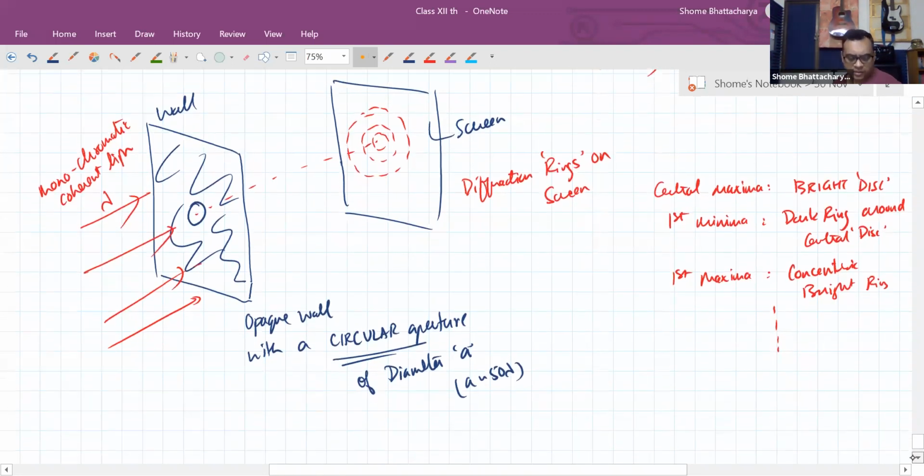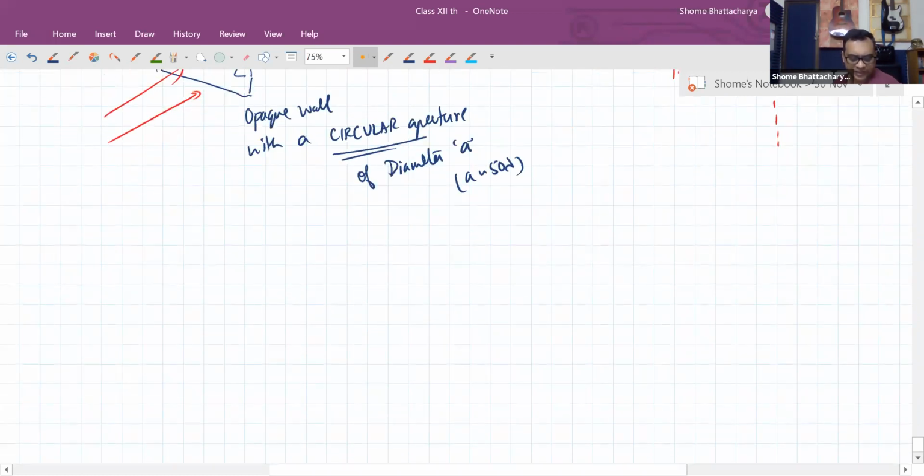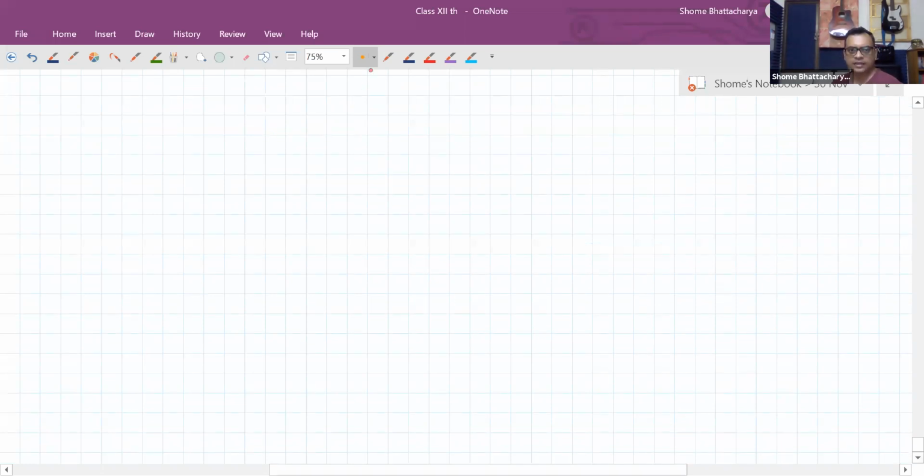Okay, so the important formula to remember here is the formula for the radius of the first dark fringe. Or actually, the formula of the angular position of the first dark fringe. Okay. So let's understand that geometrically first. So making a slightly more side-on kind of diagram now.